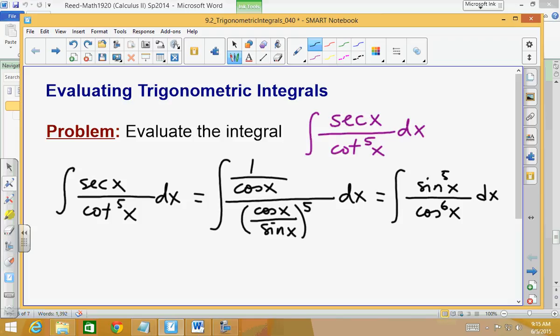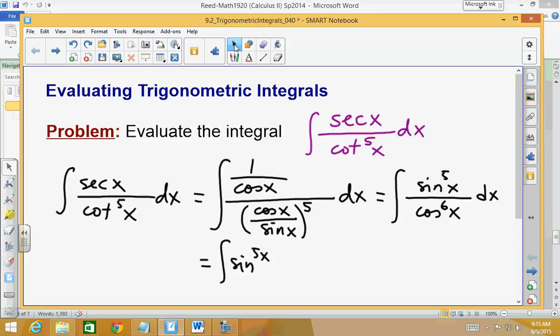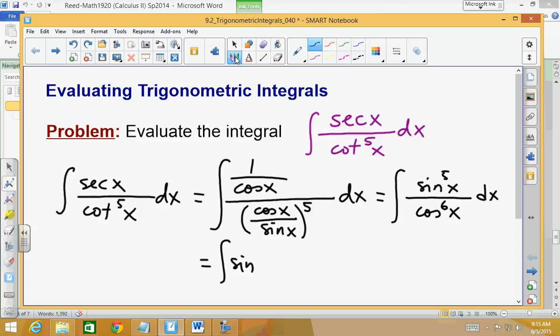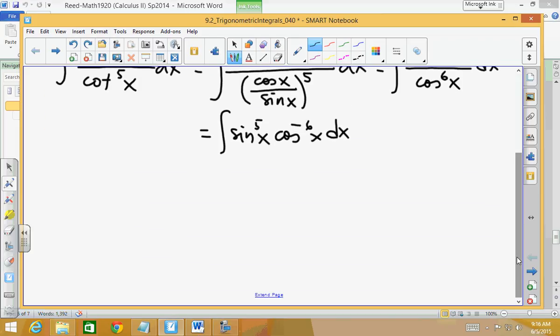This can also be written as the integral of sine to the fifth x cosine to the negative 6x dx. Now, if we use the rule for integrating powers of sine and cosine, we should be able to get this done.